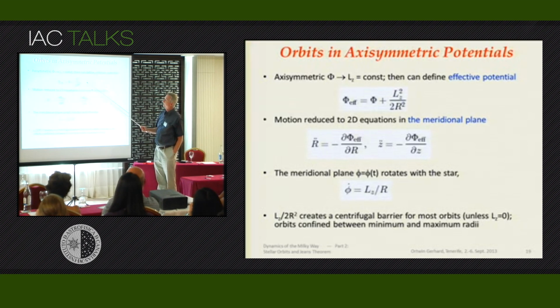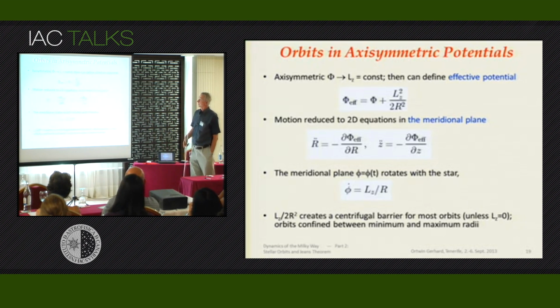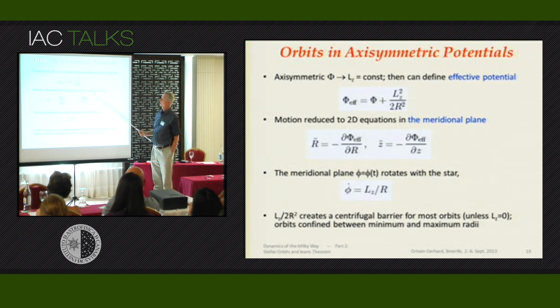So now I want to go to some more simple examples again. So here is an axisymmetric potential, phi, and when it's axisymmetric, then the angular momentum is conserved. And so, as you may remember, you can define an effective potential. This effective potential has the angular momentum term here added in this way.